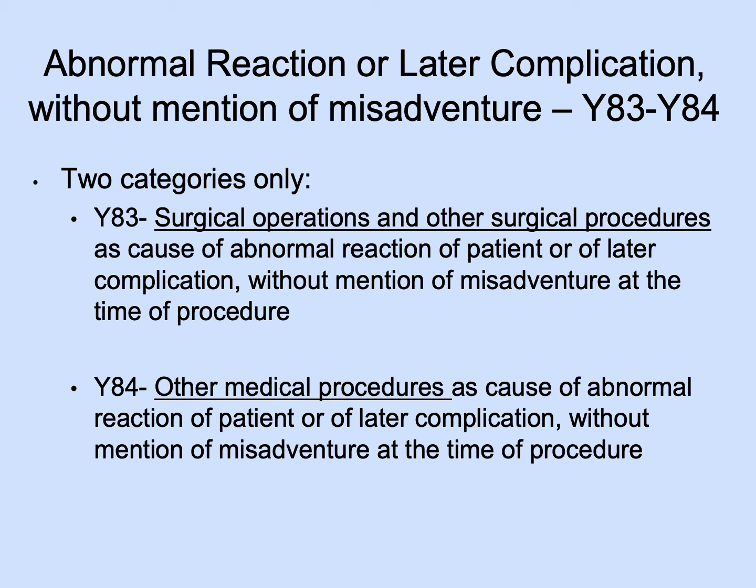So categories 83 and 84, there are two categories: surgical operations and other surgical procedures, that's Y83, as cause of abnormal reaction of patient or later complication, not a misadventure at the time of procedures. Y84 is other medical procedures. So 83 is surgical procedures, 84 is other medical procedures.